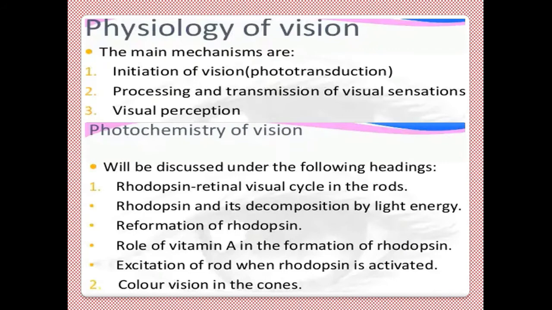Third one, reformation of rhodopsin, that is resynthesis of rhodopsin. Fourth one, the role of vitamin A in the formation of rhodopsin. The next one, excitation of rods when rhodopsin is activated. Then color vision, that happens in the cone cells. That is the last one we are going to see.